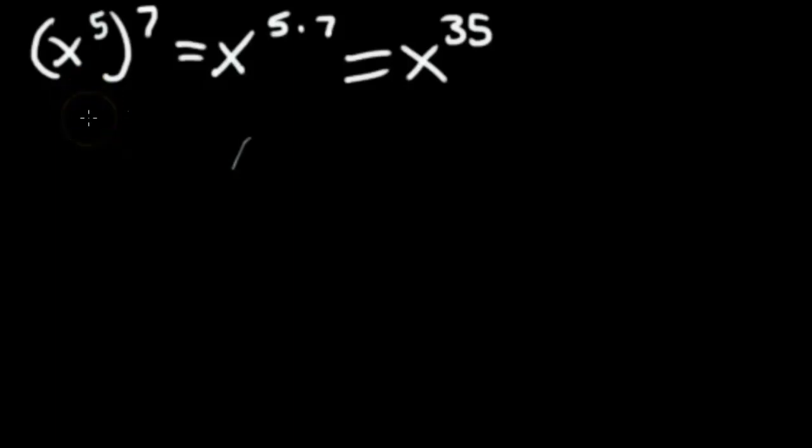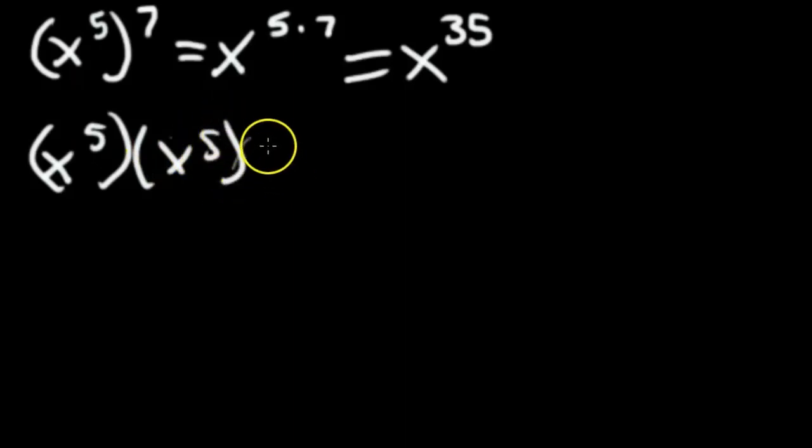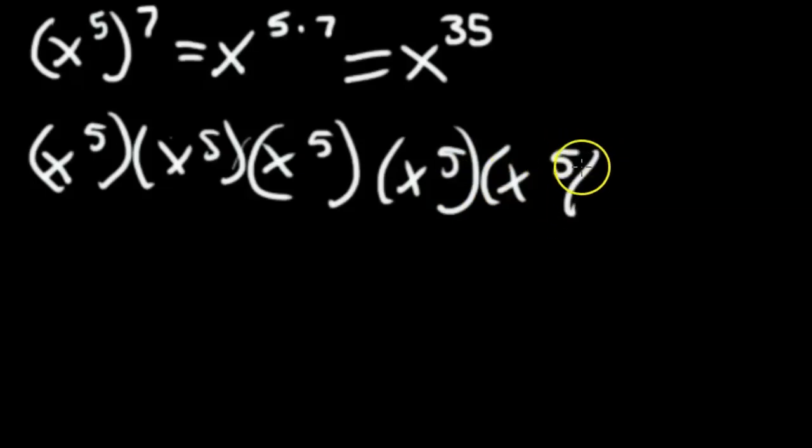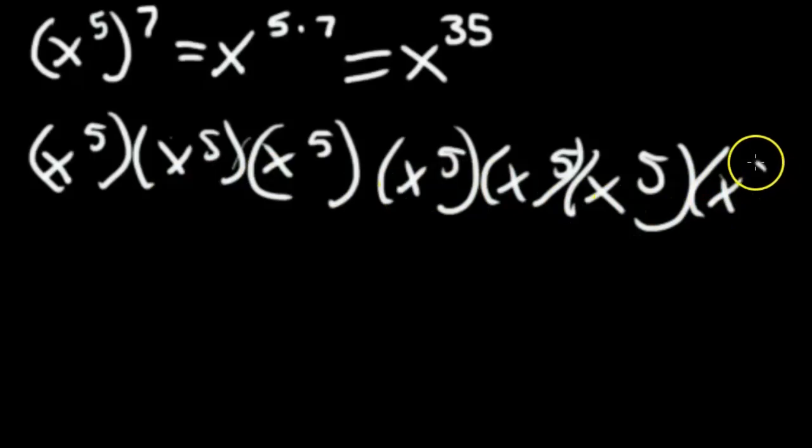One way to think about it is, you have x to the 5th, x to the 5th, x to the 5th, and so on, 1, 2, 3, 4, 5, 6, and then one more x to the 5th.